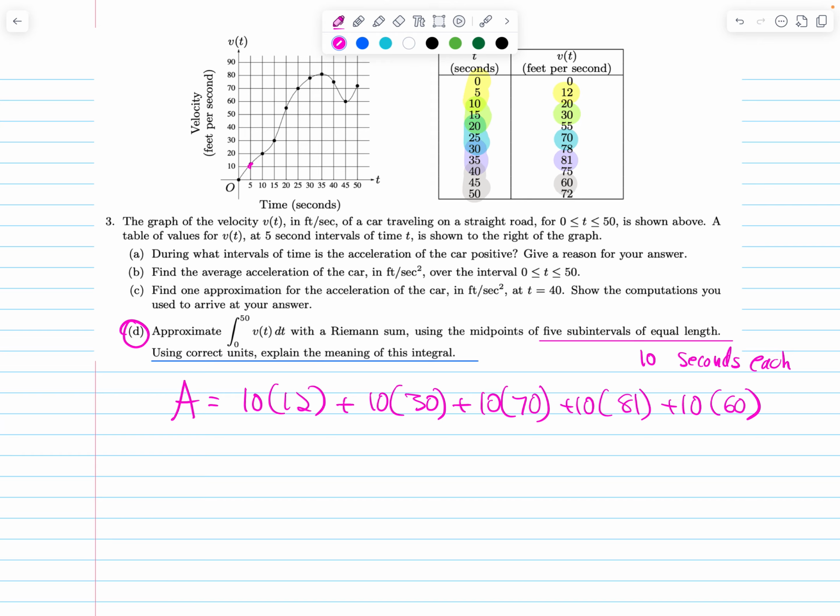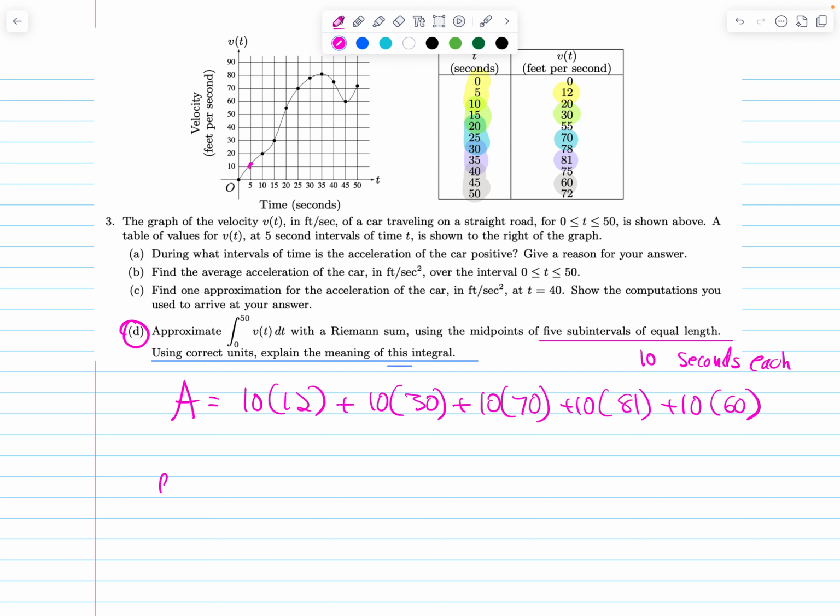I gave this on a test one year. It's fantastic. It described exactly what an integral was, how it worked. It mentioned Riemann rectangles. It even mentioned other aspects of the historical origin of it that the student remembered from class. And that student got no points because he explained the meaning of every integral. What he didn't do was explain the meaning of this integral.